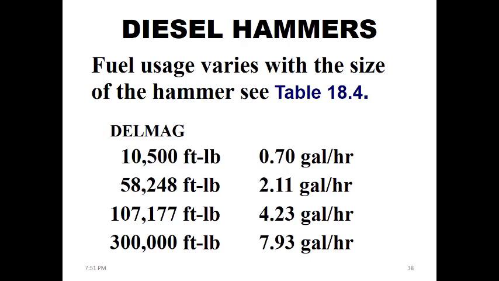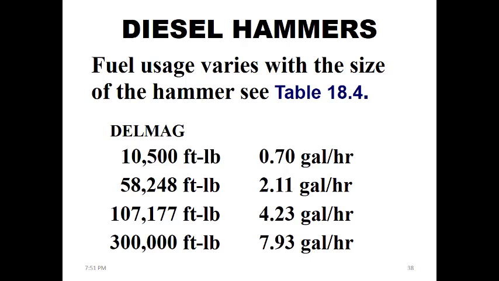Obviously, we wouldn't go for a 10,500 foot-pound hammer if we need to use a 300,000 foot-pound hammer. But at the same time, we will not do it vice versa. So, for certain instances, if we can utilize a larger piece of equipment in order to get the job done, while a small one can do the job, we also have to pay attention to the comparison.